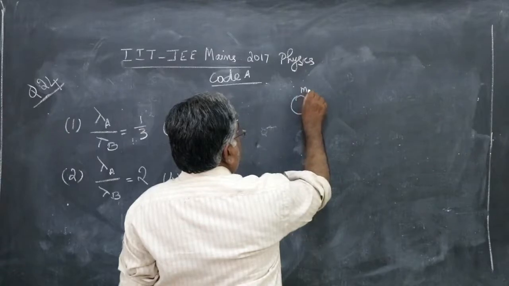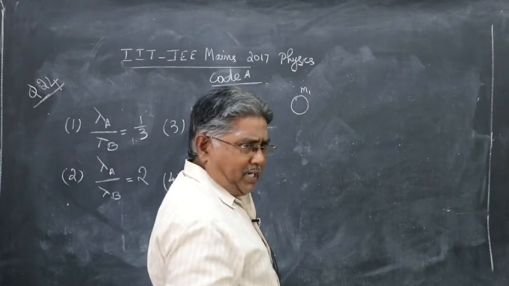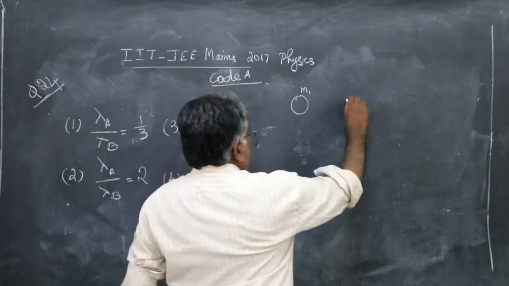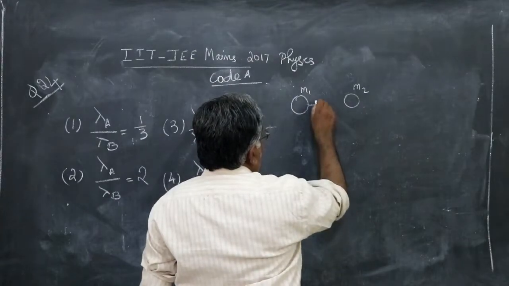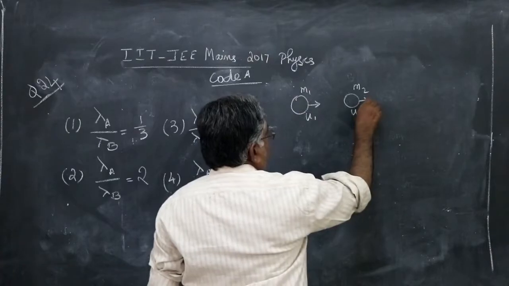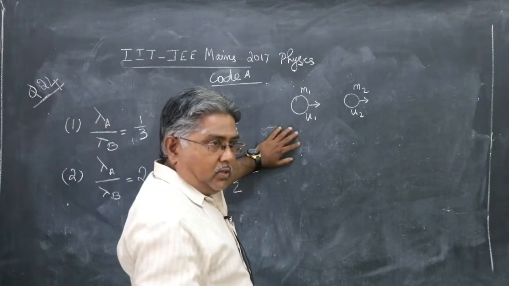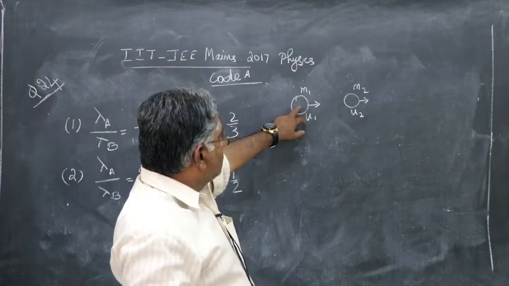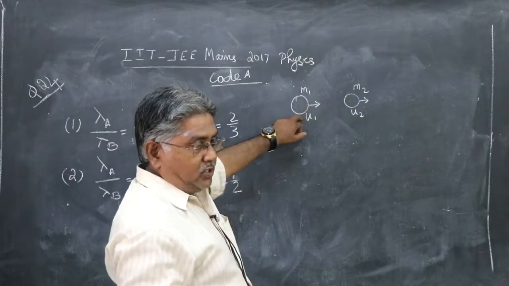Let's say this is a body of mass m1, we can even take it to be a particle. Let's say a body of mass m2. This is moving with a velocity, let's say u1, and this is u2 initially. I am discussing the general case, then will come to the problem. Initially the first body has mass m1 and velocity u1.